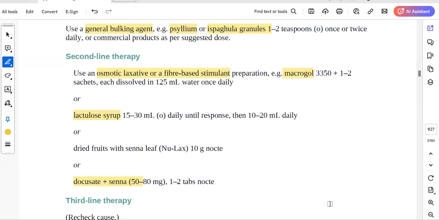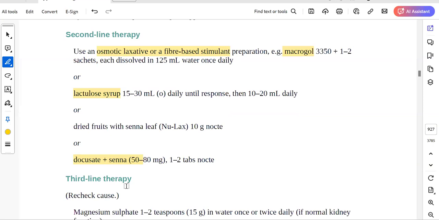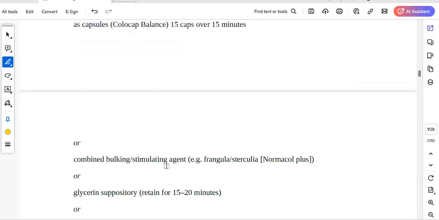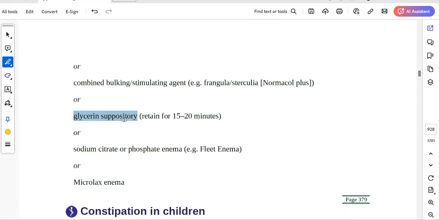Let's say that did not work. The third line is magnesium sulfate, glycerin suppository, and if still not working, then there are enemas, phosphate or Microlax enema. Okay, so that is the step-by-step management for constipation.